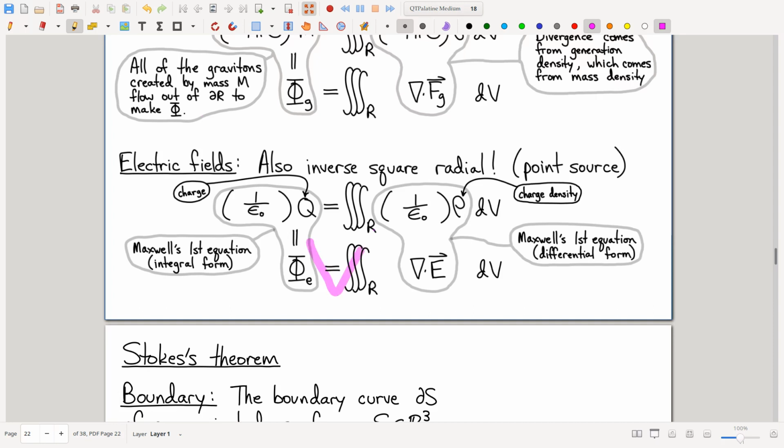So you can write down all the same sort of analogous equations, starting with the innocent observation that charge is an integral of charge density with respect to volume. Make that one observation, and again, cite the divergence theorem, and you get a really, really useful observation about the relationship between the electric field and how charge is distributed. And this is called Maxwell's first equation, the differential form of Maxwell's first equation.